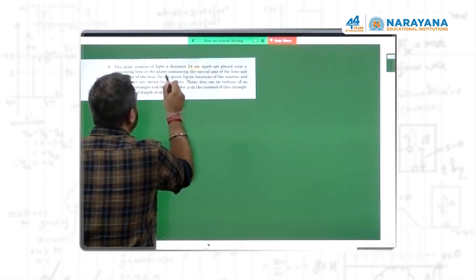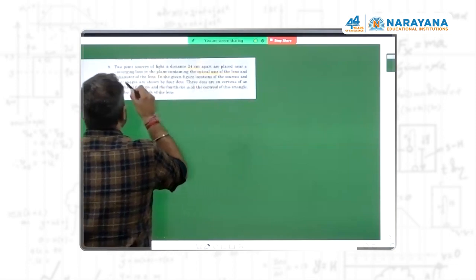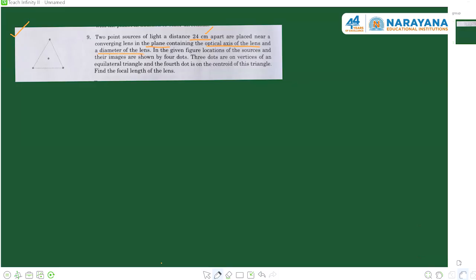And the plane containing the optical axis of the lens and the diameter of the lens, and the plane which is given on the board, that plane is the same. So practically the aperture diameter and the principal axis, that plane is the plane of this triangle which is given.